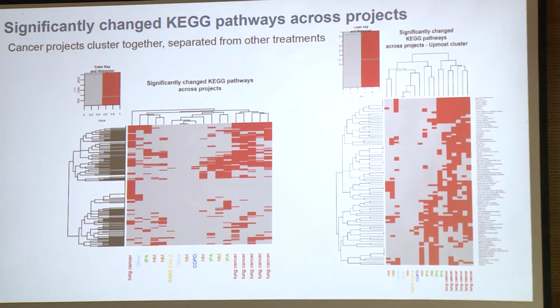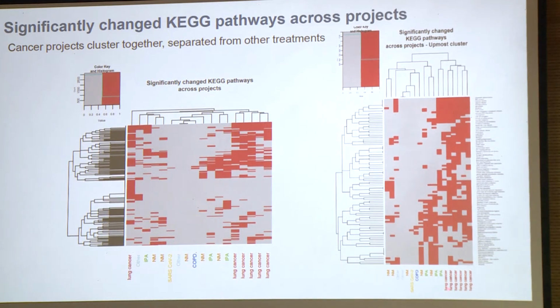And if you focus on this cluster only in the upper part, you see that it even works better. The cancer projects all cluster together. This one here is also a cancer. If you consider all the KEGG pathways that are available, I don't know if it's 300 or something like that, but if you focus on the upper cluster, it works even better.